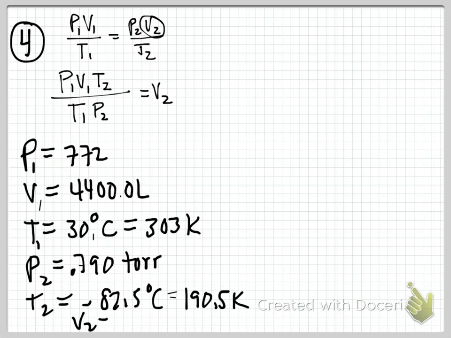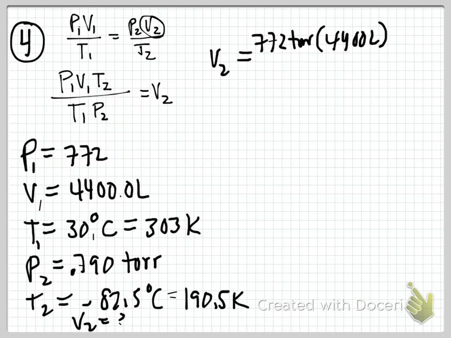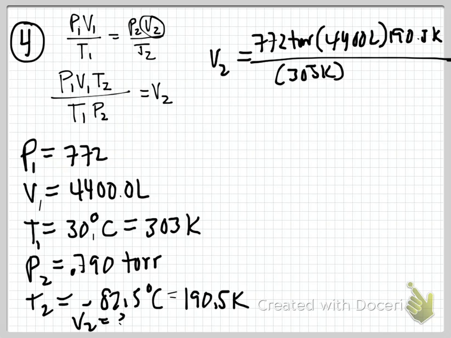We're looking for V2. And so V2 is equal to 772 torr times our initial volume times our final temp over our initial temp, our 303 Kelvin, times our final pressure.